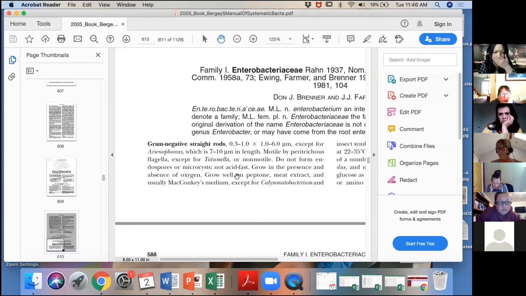So make sure you get to the end of the sentence. So it is motile or non-motile, so there's going to be a difference in that. They grow in the presence and absence of oxygen. So what's their aerotolerance? If they can grow in the presence and absence of oxygen, they are facultative anaerobes. So they're all facultative anaerobes.